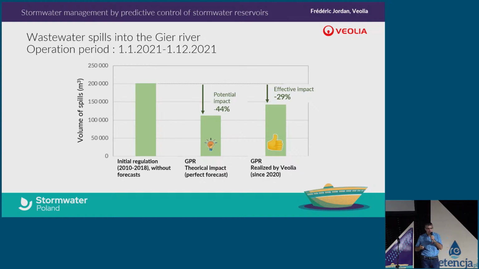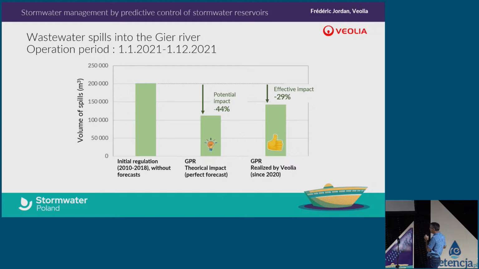This was based on passive regulation, meaning some simple rules like if the reservoir level is increasing, then I would close the valve. Or if my pluviometer measures a precipitation, I would close the valve. No predictive information in the system.